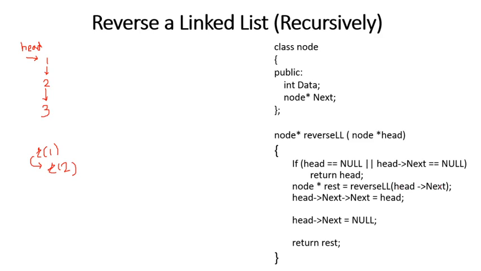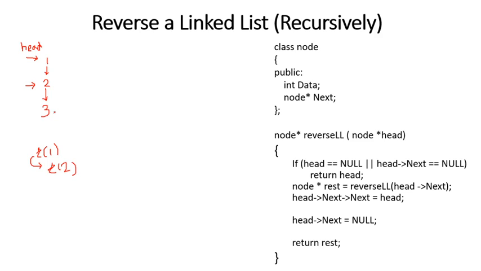So head arrow next is the address of 2. Again control will go over here. Now 2 will become the new head. It will check whether head arrow next is null or not. Head arrow next is not equal to null, it contains the address of 3.